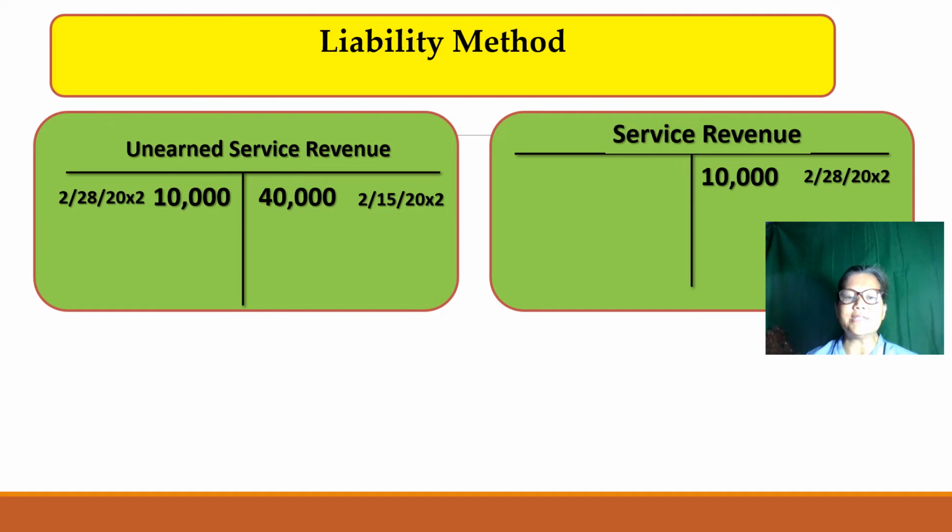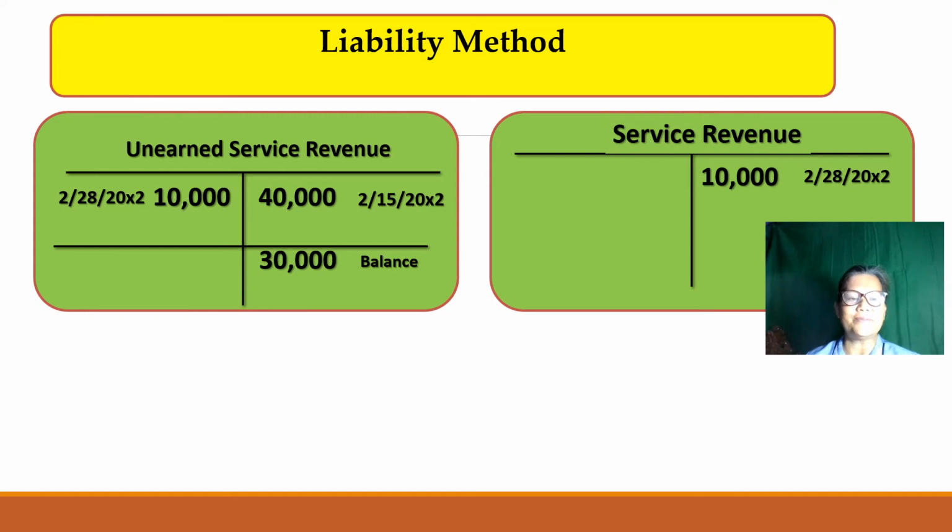Therefore, it follows that the service revenue is 10,000. And look at the liability account, which is unearned service revenue. So we're going to get the balance. Here it is. Okay, did you get it?